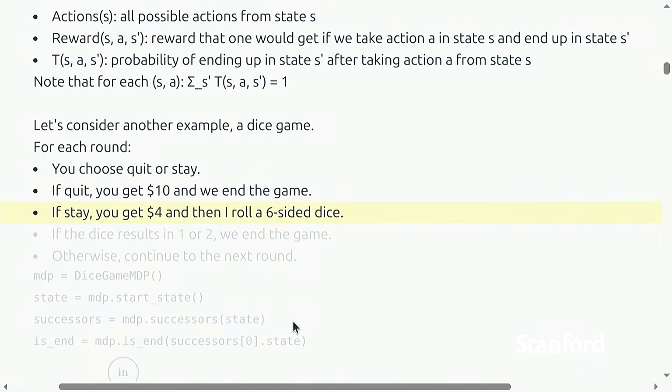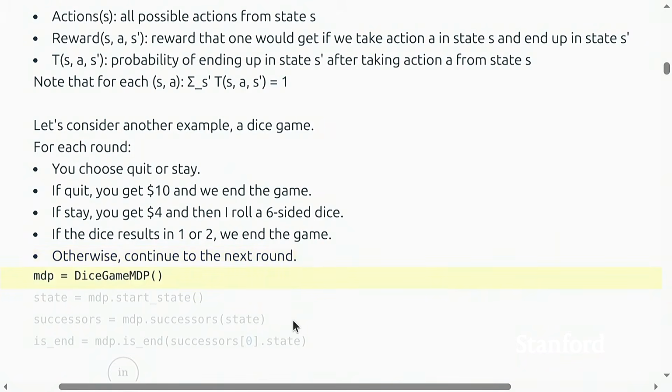If you decide to stay, you only get $4, but then I'm going to roll a 6-sided dice, and if the dice results in 1 or 2, then we end the game. Otherwise, we continue to the next round. So if you decide to stay, you get less money, but there's a possibility that you get to continue, and the next round you might get $4 more, or you can always quit and get 10.